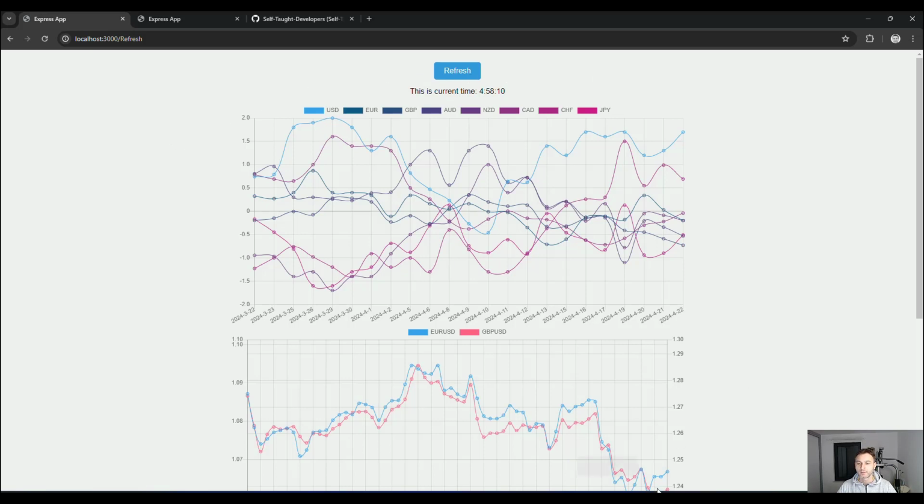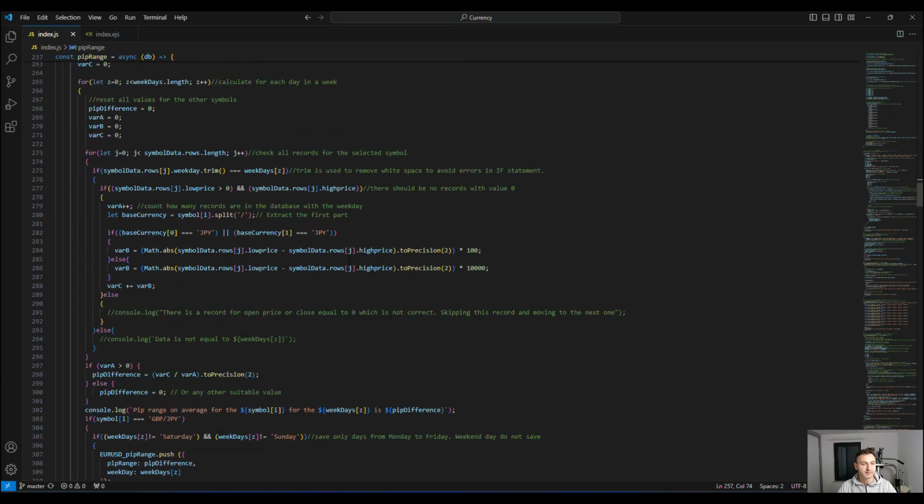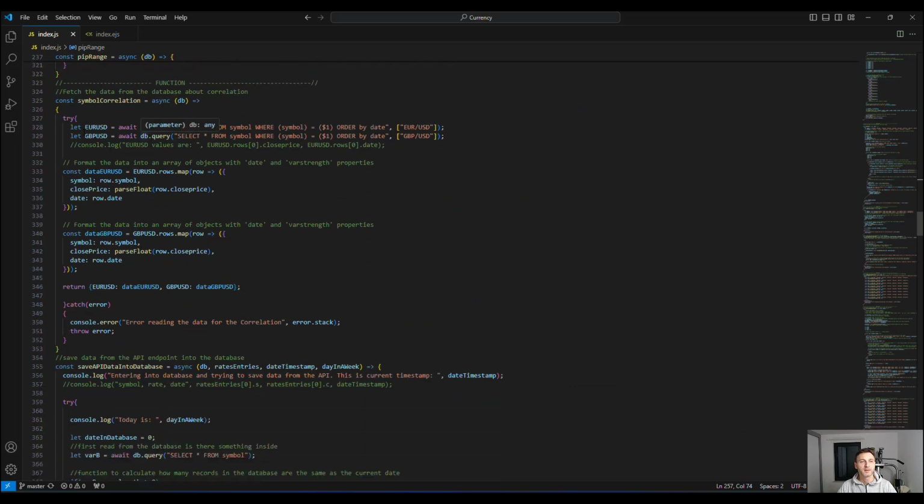Something that I was thinking about is, what is the best? Is it best, for example, just let's check it here, to load some of the data from the database into a variable and then manipulate that data, or each time I need something, to read the database for the certain symbol? I do not know what is faster and what is best, but what I have seen is that it is best to move forward.